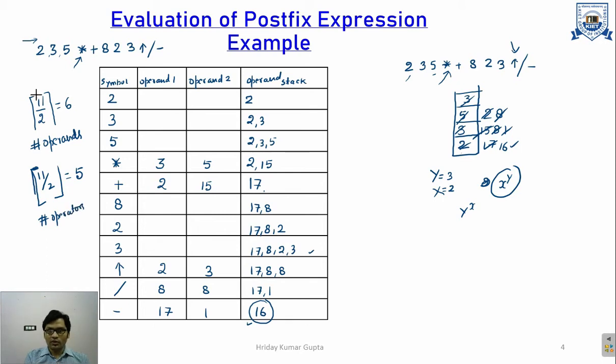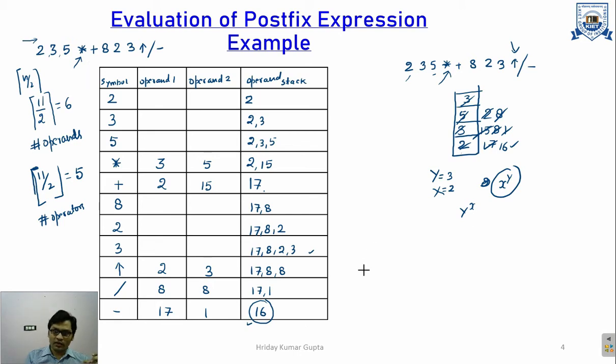Where 11 is what? n. So you can say, if in a postfix expression there are n symbols, then the ceil value of n by 2 must be the number of operands, and the floor value of n by 2 must be the number of operators. Then that postfix expression is a valid expression.